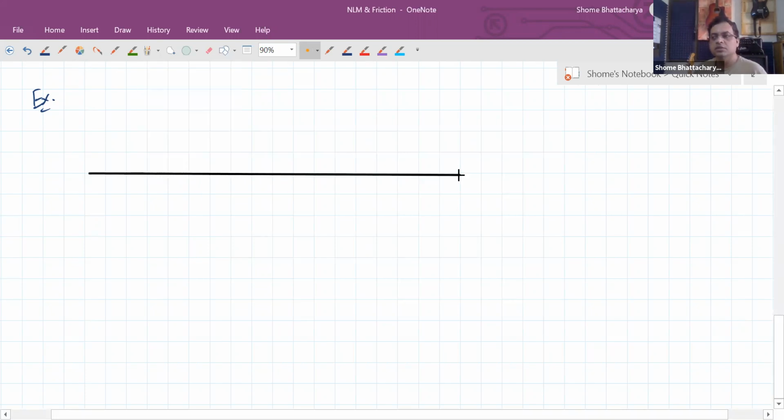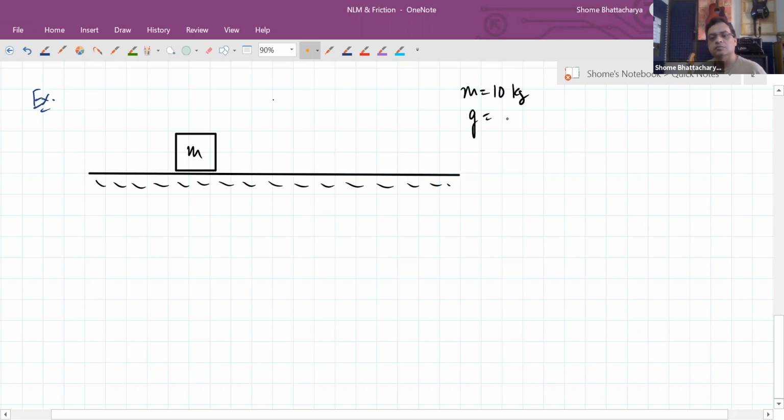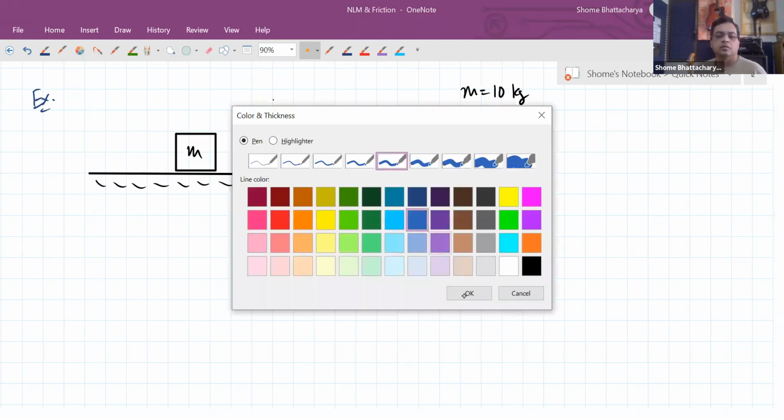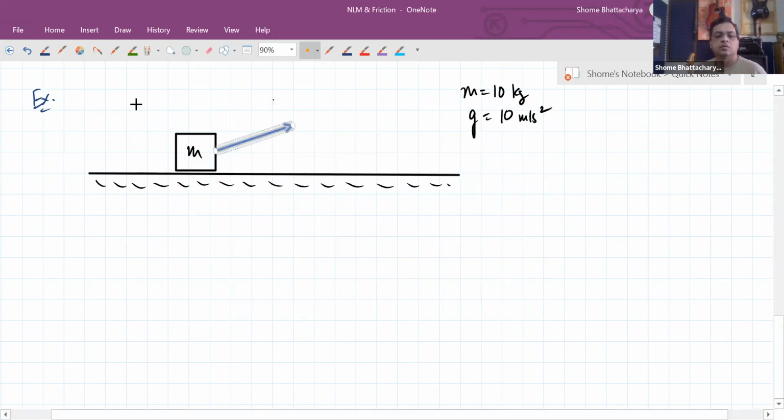So for example, we have a situation like this. On a smooth frictionless surface, we are applying two forces on this body.